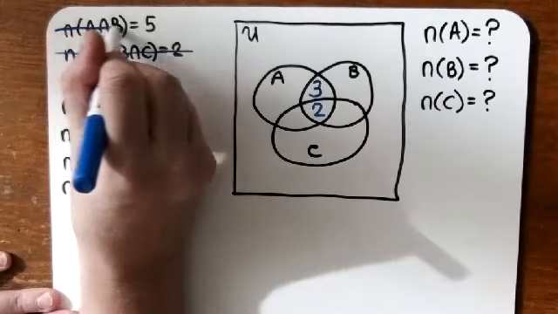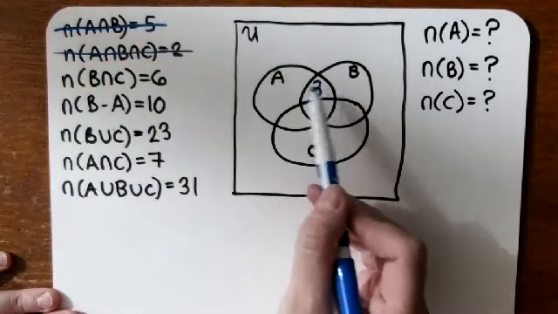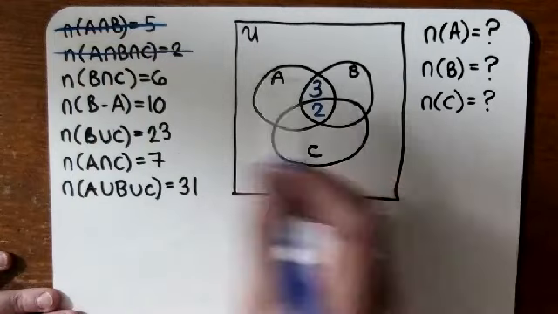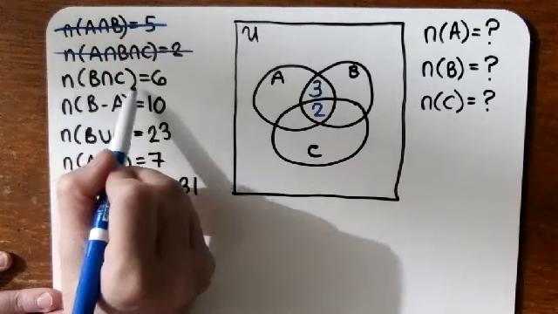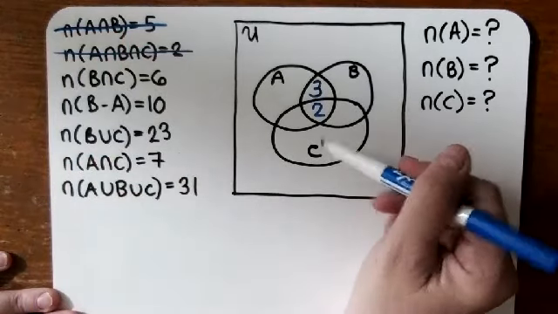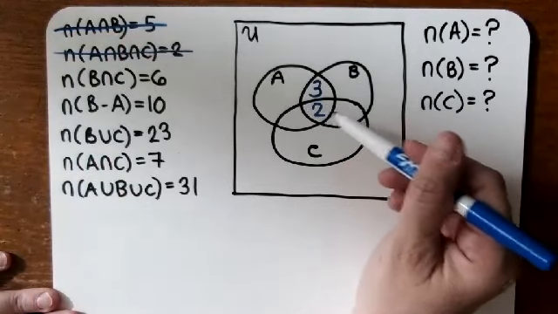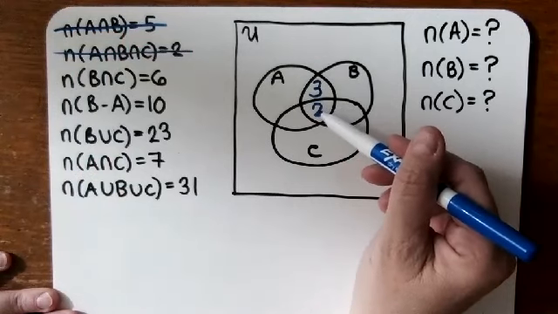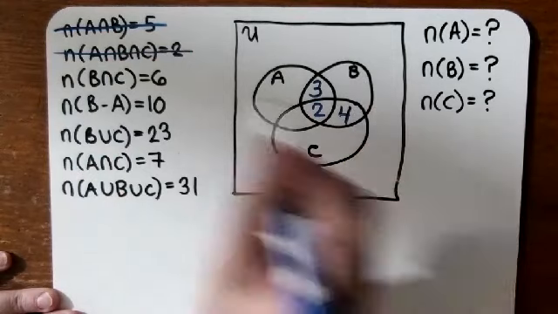So that we have 5 elements, 3 plus 2, in the area where A overlaps B. Now, where B overlaps C, we're told that the number of elements is 6. So B overlaps C, the intersection, our 2 regions here, the sum of which is 6. So 2 are here, the other 4 are in this region.